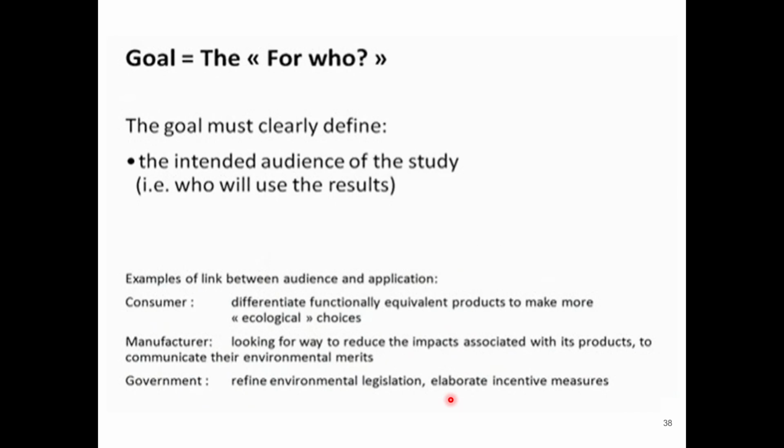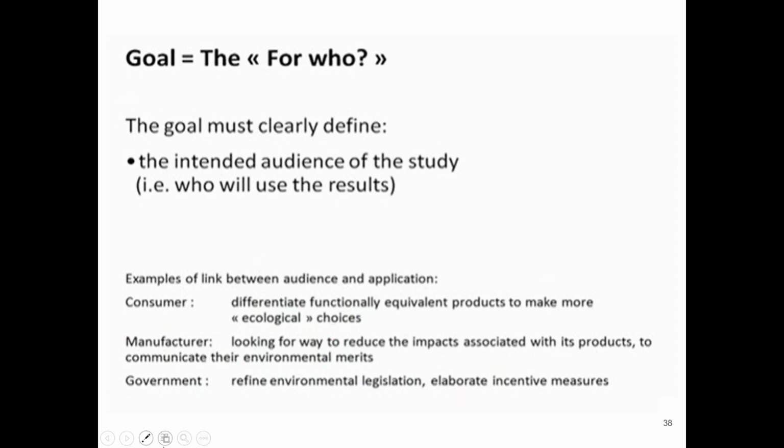And one more part of the goal is the for whom. For whom we are performing this is also important. The goal must clearly define the intended audience of the study, that is, who will use these results, as we discussed. The interpretations will be different for different audiences. Examples of the link between audience and application: a consumer will try to differentiate functionally equivalent products to make more ecological choices.